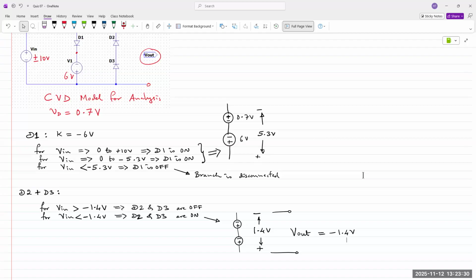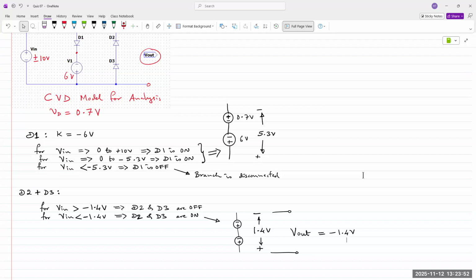Does everyone remember that? The vertical line indicates that the current increases, but the voltage remains constant. So the input voltage can keep on increasing, which means it's supplying more current. The current through the diodes keeps on increasing, but it holds the voltage constant.